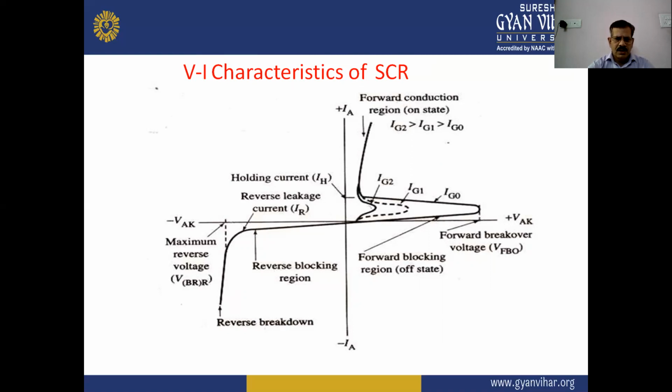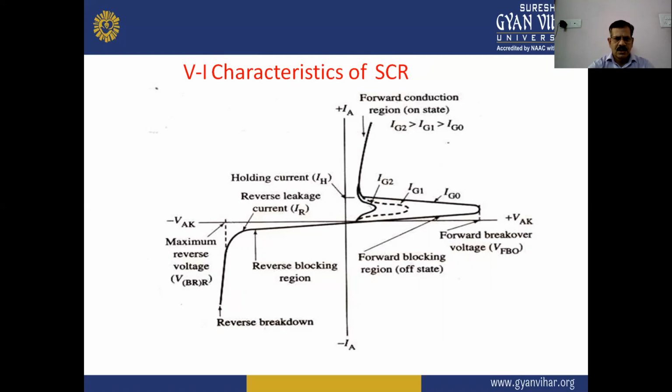But in the reverse conduction region or reverse blocking region, there is a reverse breakdown and also a reverse leakage current IR and a maximum reverse voltage VBR. That is the maximum reverse voltage. So in the reverse region, a reverse breakdown occurs.